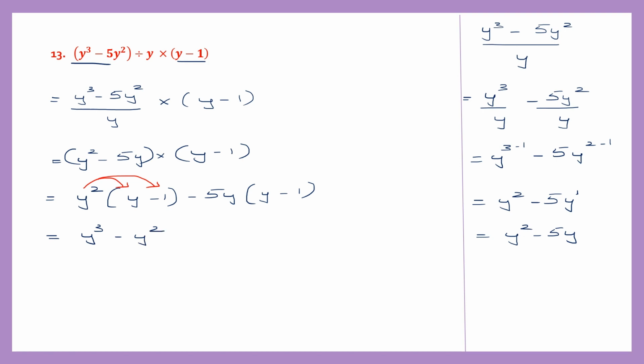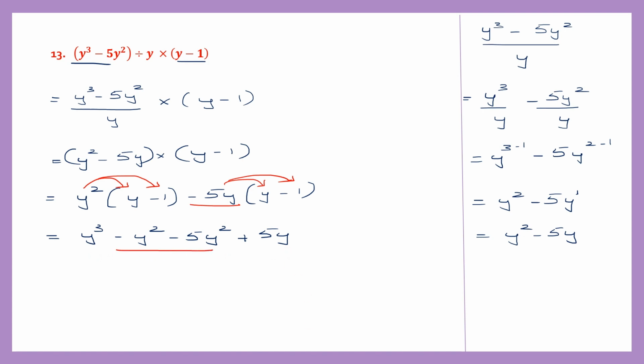Then we go to the next one, minus 5y into y. The sign is minus, 5, y into y is y square. Then minus 5y into minus 1. Minus into minus is plus, 5y into 1 is 5y. So now here we have all these terms. Let's look for the like terms, and the like terms are these two.